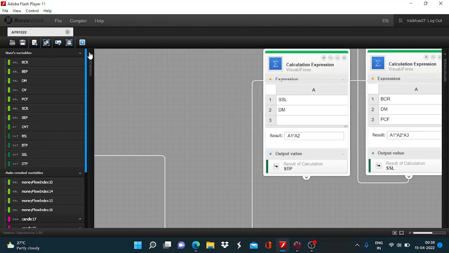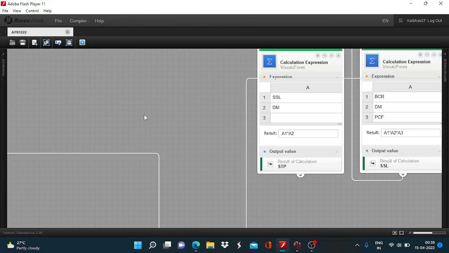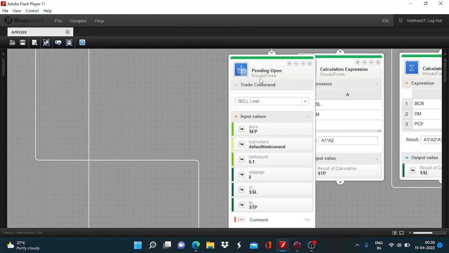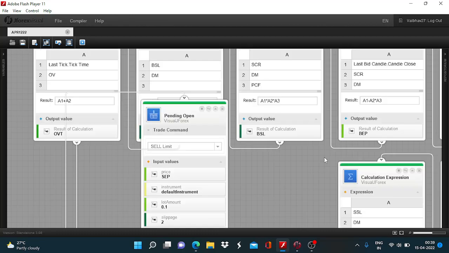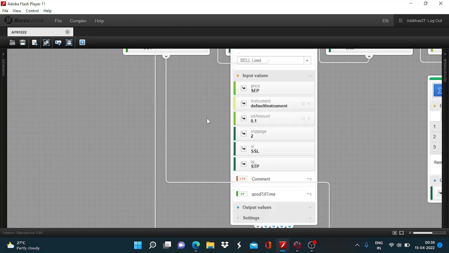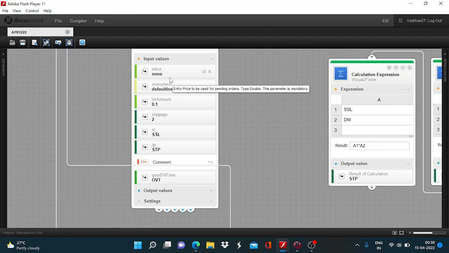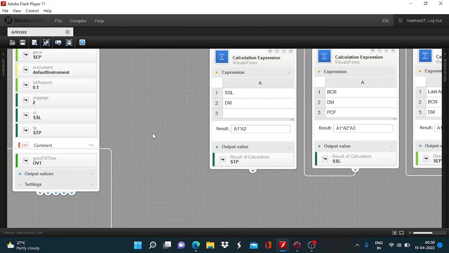Alright. And order validity, we had defined it for 1 hour last time around. So we will use that variable as it is. So with this, we have defined all the mandatory input requirements for the trade command block. Comment is optional.